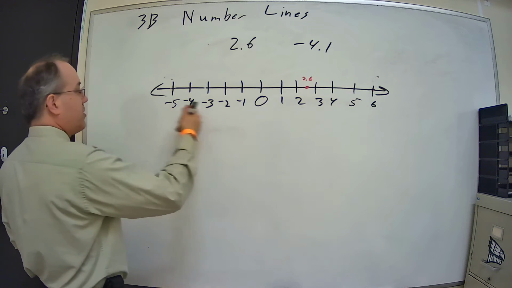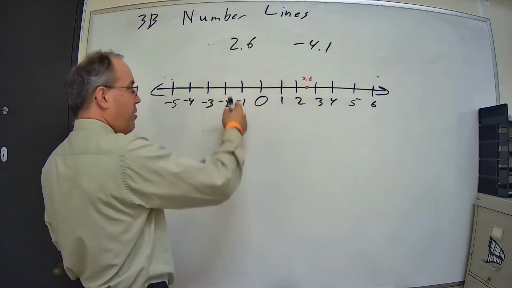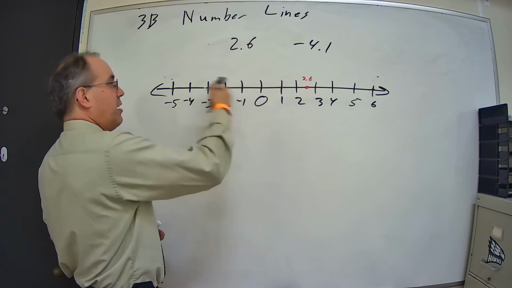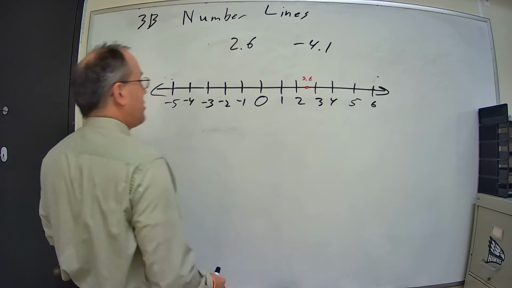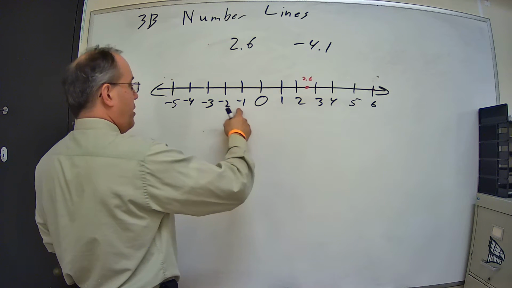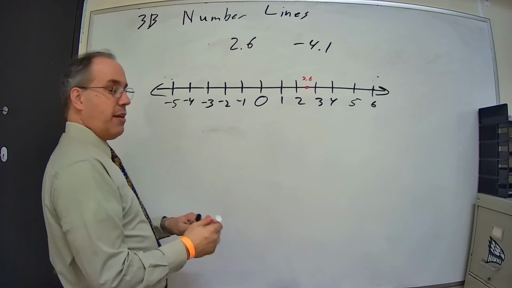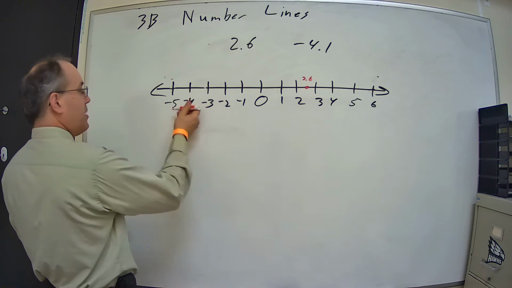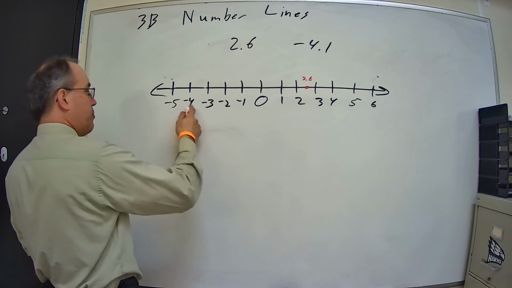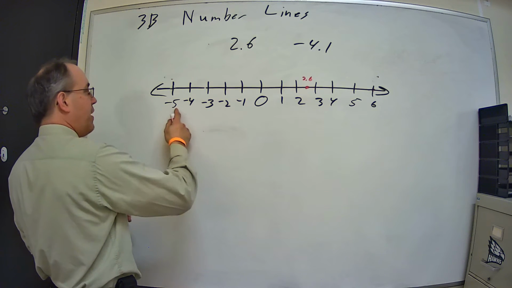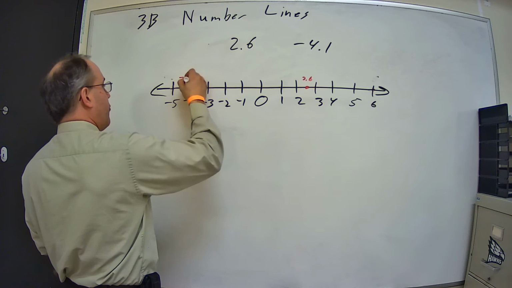So you're working your way to the left, which means when you get to one of the numbers there, anything larger than that's going to keep going to the left. So I get to negative 1, negative 2, negative 3, negative 4. Negative 4.1 keeps going this way, right? I go out to 4, 4.1 is going to be between negative 4 and negative 5. So it's over here, negative 4.1.